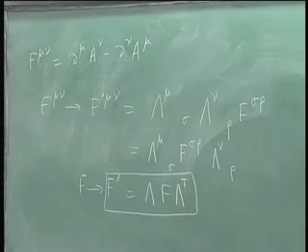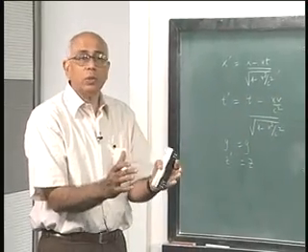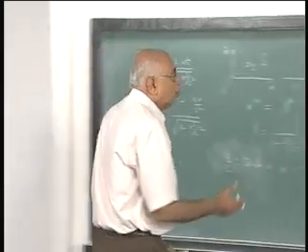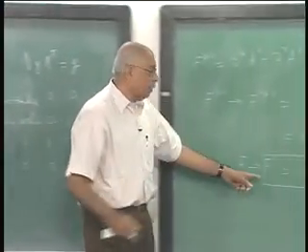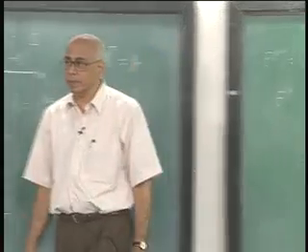And of course once you tell me what lambda is as a matrix, for instance this one here, and you tell me what the original f is, I put this in and I compute what this f prime is, and therefore I know all the electric and magnetic field components in the new frame of reference.